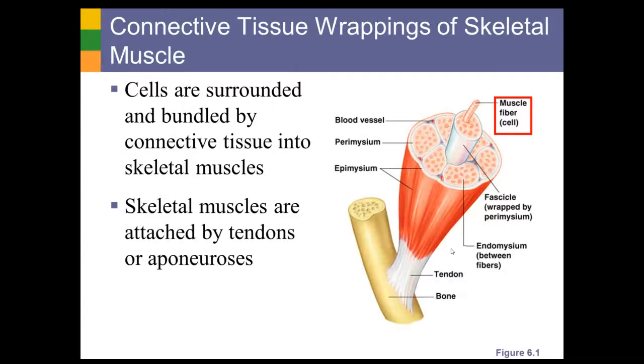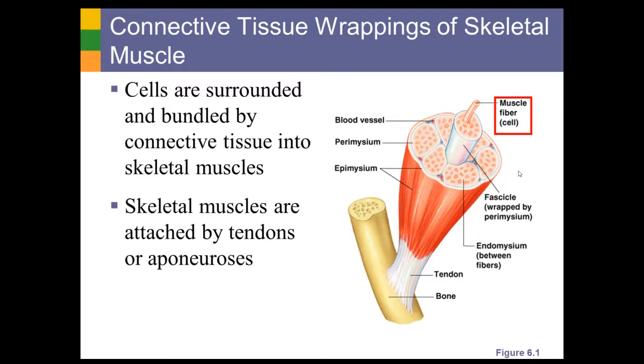Okay, let's take a moment to look at a skeletal muscle. All right, let's make sure you understand what is a skeletal muscle. And this is skeletal muscle, the organ. This image right here shows skeletal muscle, the organ, like your biceps brachii or your pectoralis major. So what actually is a skeletal muscle?